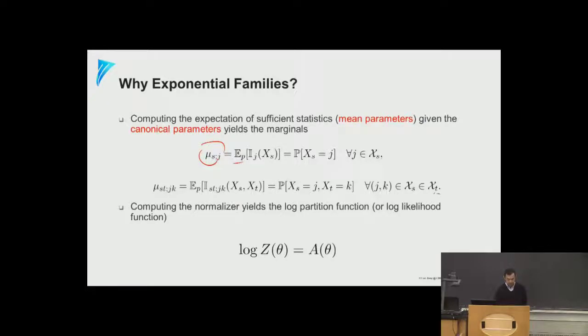In the case of exponential family distributions, they often correspond to the marginals of the corresponding random variables, in the sense that that gives you a connection to the query that people directly worry about. Here is a singleton mean parameter and a pairwise mean parameter. They correspond to the pairwise marginals, given, of course, the canonical parameters already. And then also, computing the normalization constant gives you the partition function. There is a good connection here as well.